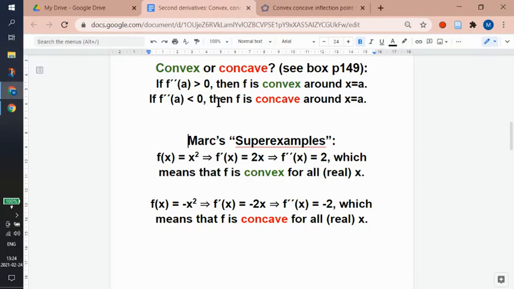Since 2 is greater than 0, f is convex around x equals a for basically every possible value of a. So we could say that for the whole graph.